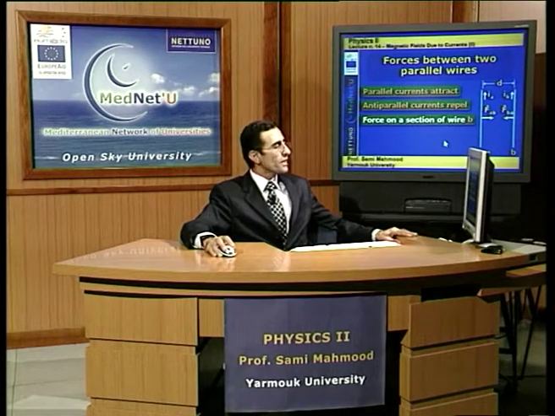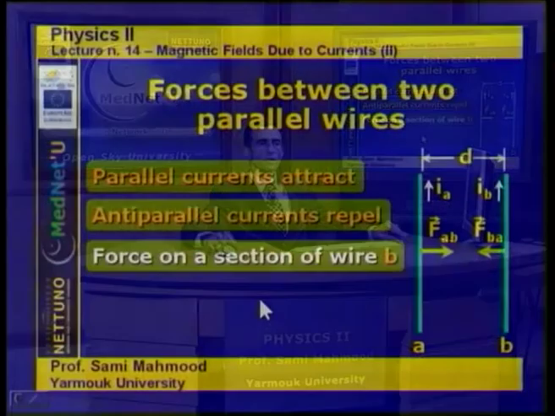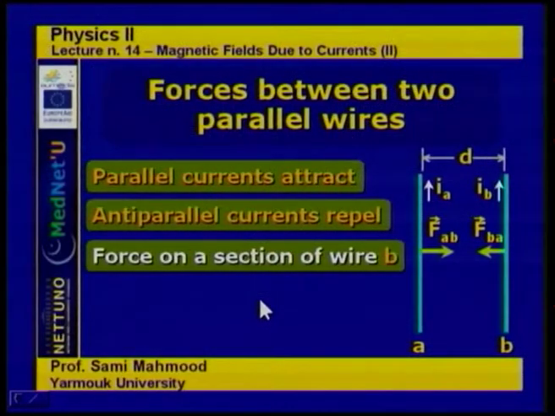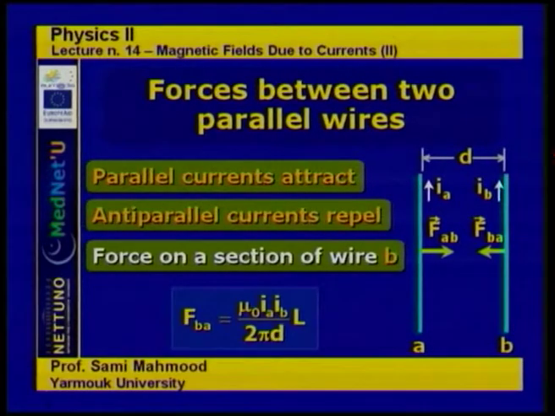And now, let's consider, for example, wire A, which is an infinite, long straight wire carrying current IA, and the force that this current exerts on a given section of length L of wire B. What is that? Previously we have found that a long straight wire produces a magnetic field at a distance from it.